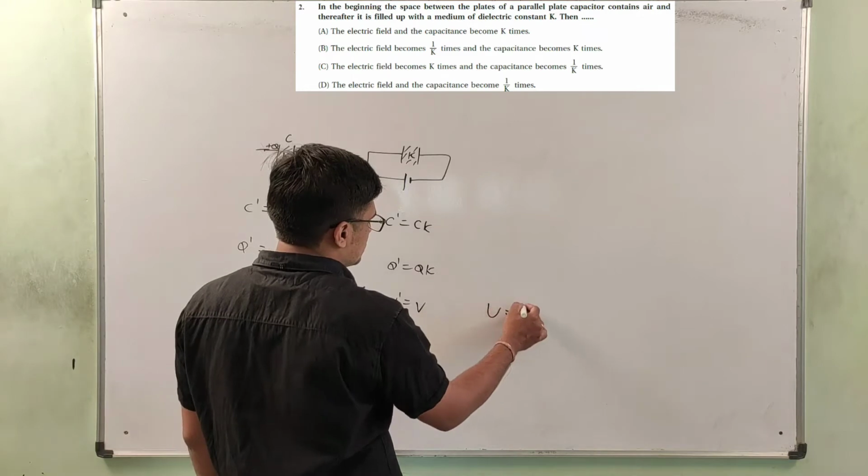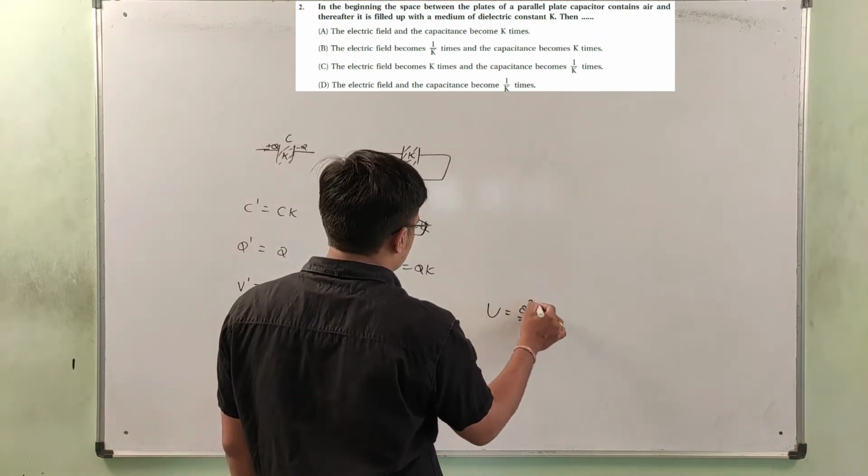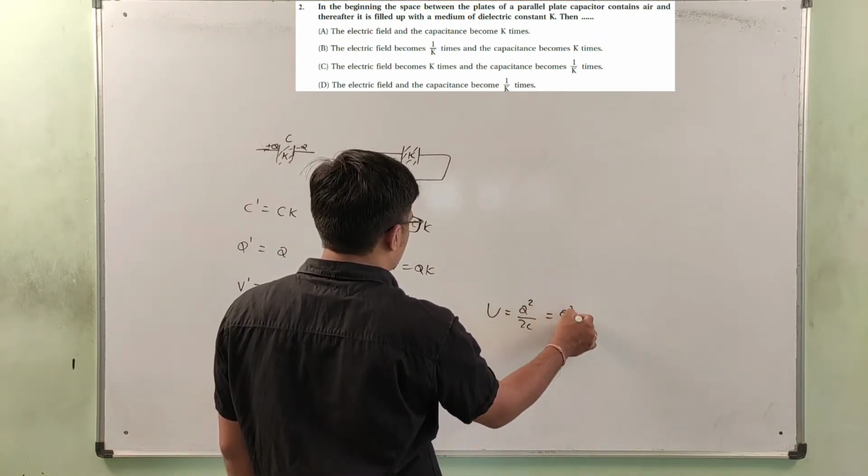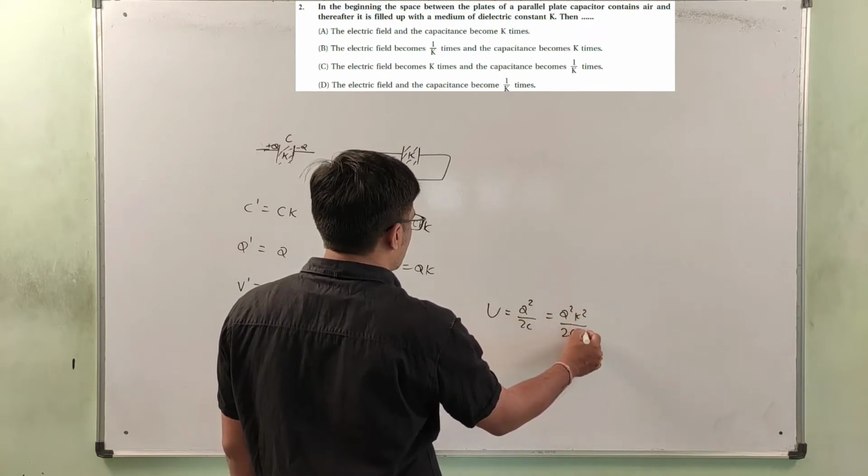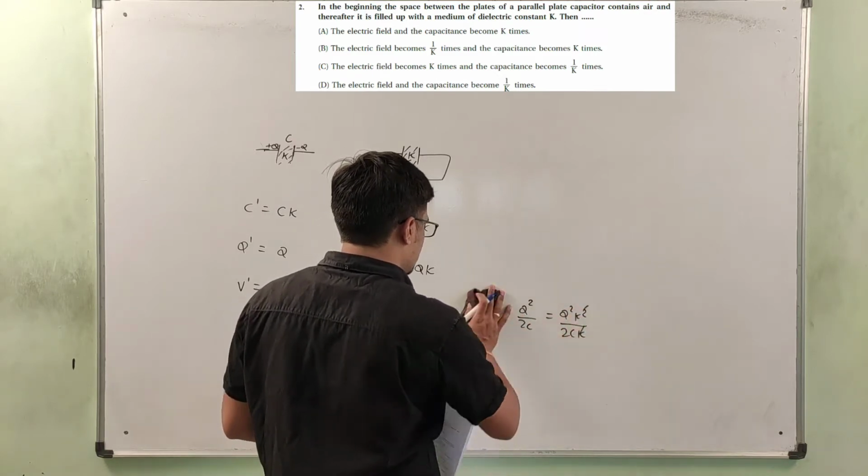Energy is equal to Q square by 2C. So new charge Q square K square by 2CK, so one K cancels, it becomes K times.